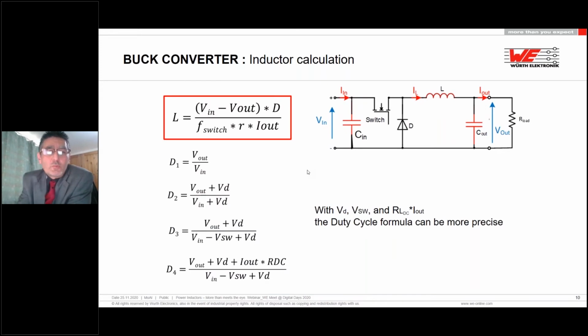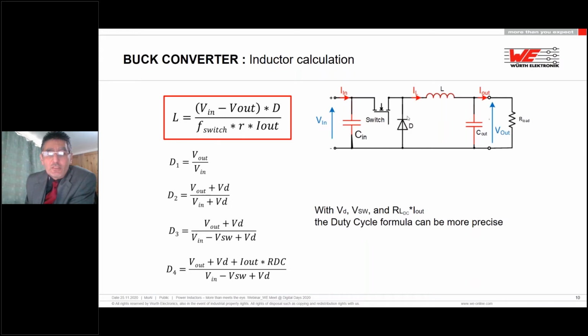Another important point to mention is that when you are doing the calculation for this inductance, it's important to take into account the impact of the drop across the diode, across the switch, across the DCR in the inductor, albeit that shouldn't be a huge impact. The main ones come from the diode and the switch, predominantly the diode, in terms of how it impacts your duty cycle, because that will also have an impact on the inductance you need to achieve a certain amount of ripple.